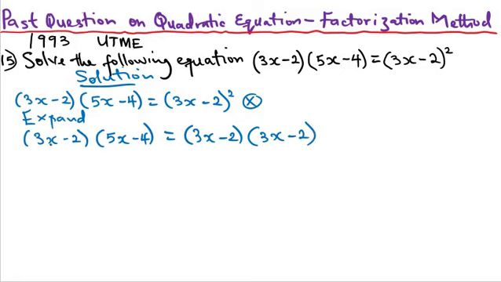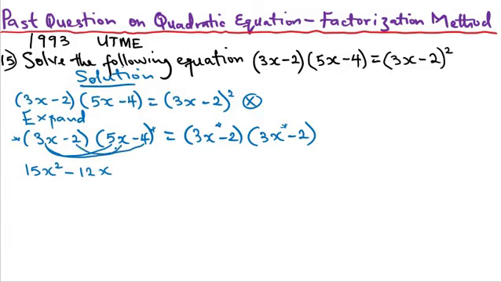So for me to expand, I will be multiplying this first bracket with this second one. The same thing applies to the left hand side. So let's start by saying 3x times 5x gives me 15x². 3x times minus 4 gives me minus 12x.